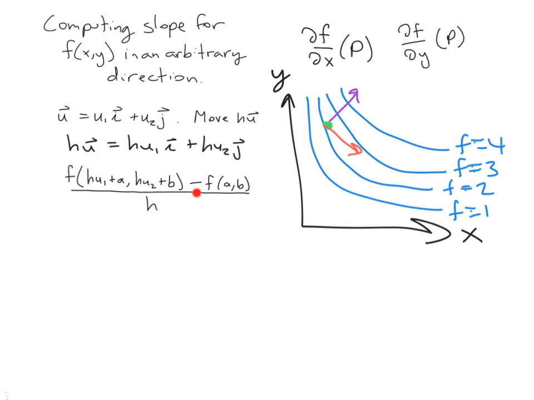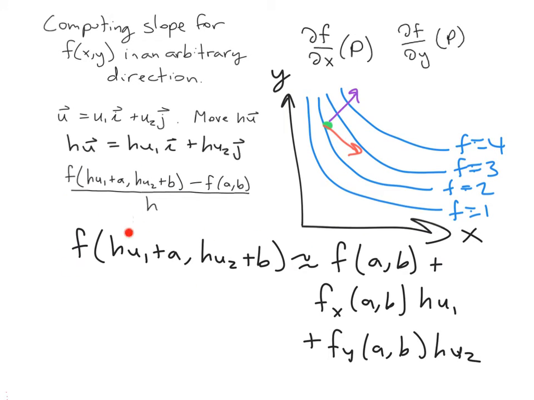Using local linearity, we can approximate the value of the function at a small distance from f of a comma b, and that's because h is going to be small. We want to take the limit as h goes to 0, so let's just approximate this using a locally linear approximation.